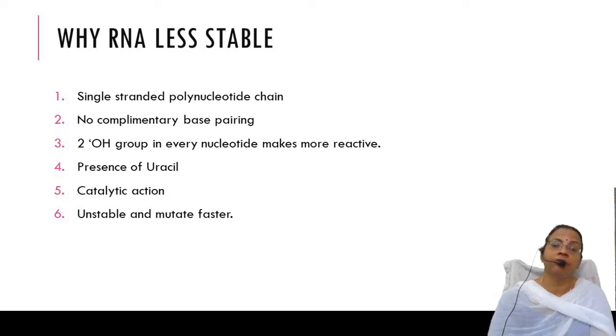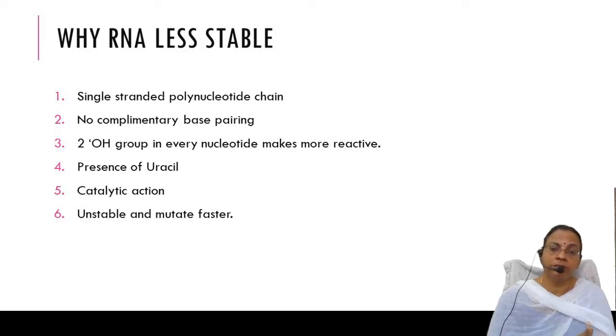So organisms always prefer stable genetic material. Since RNA shows catalytic activity and can change its base sequences by cutting and editing, by nature it becomes unstable, and it can mutate and evolve faster. So organisms, when the climatic conditions are suitable, prefer more stable genetic material, so DNA. All these points can be given as reasons why DNA is more stable.